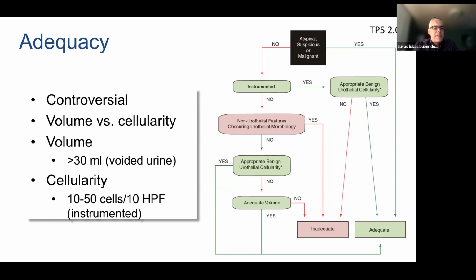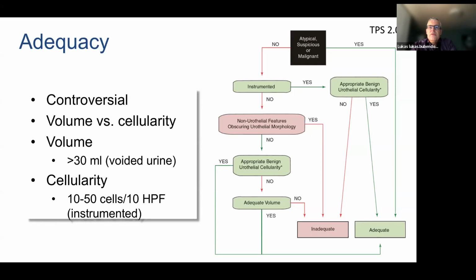And for cellularity, there is decently good evidence that you need 10 to 5 urinary cells per 10 HPF high power fields, meaning 1 to 5 cells per HPF. That's not a lot, and this is true for the instrumented specimens.